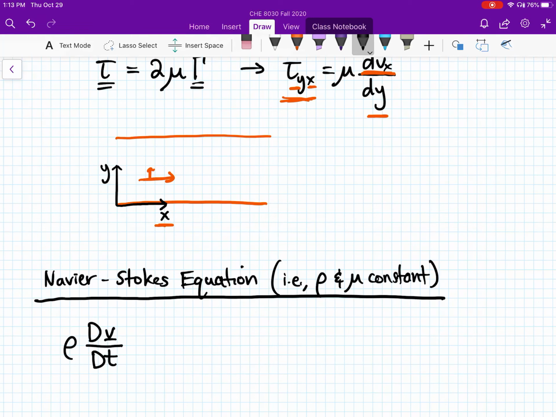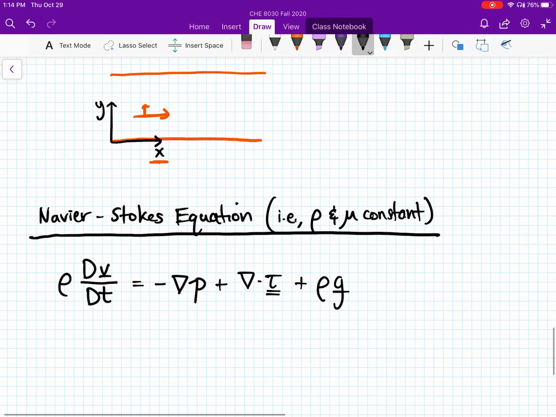So we have the material derivative on the left-hand side, and on the right-hand side we have negative gradient in pressure plus the divergence of the shear stress plus our gravity term. For the purposes of this class, I am going to use a somewhat cursive, lowercase cursive p to represent pressure.